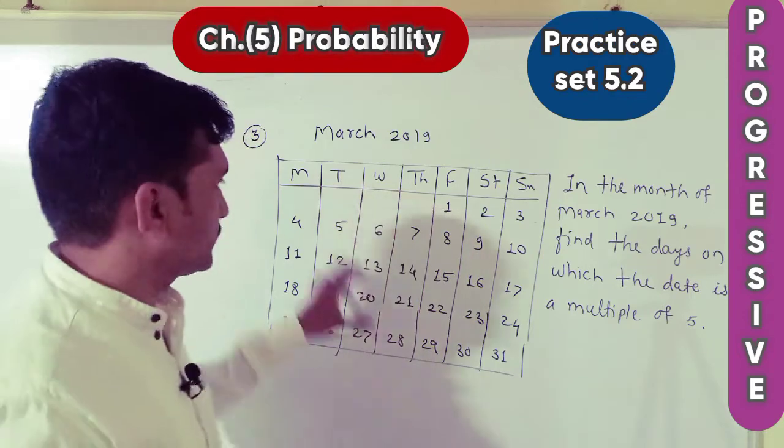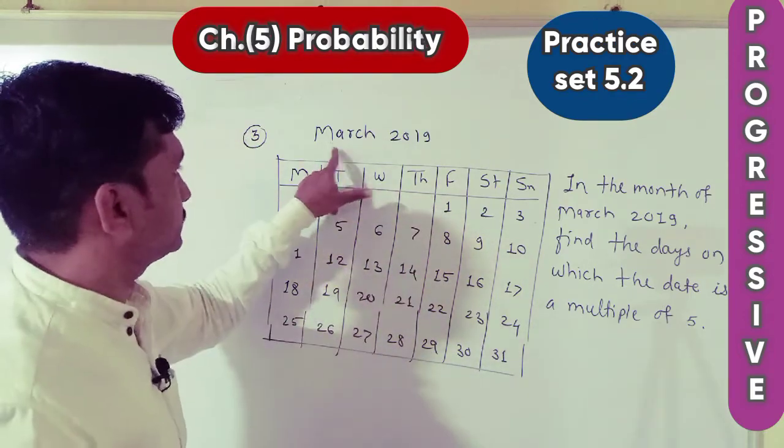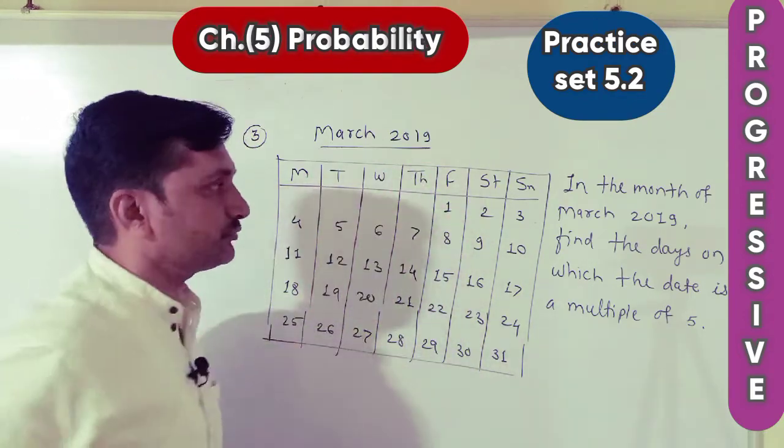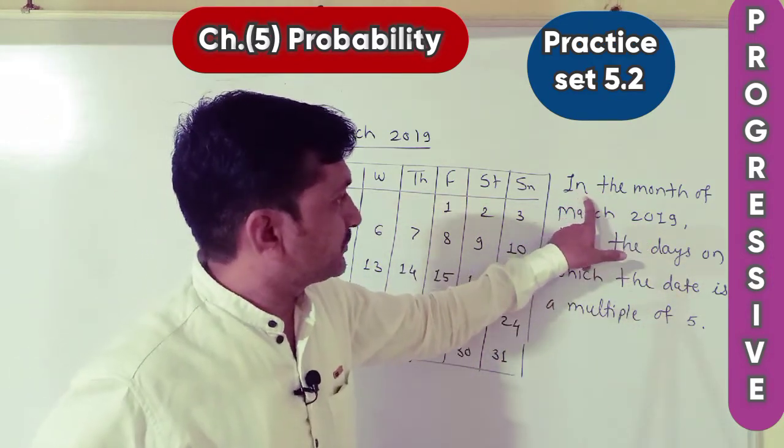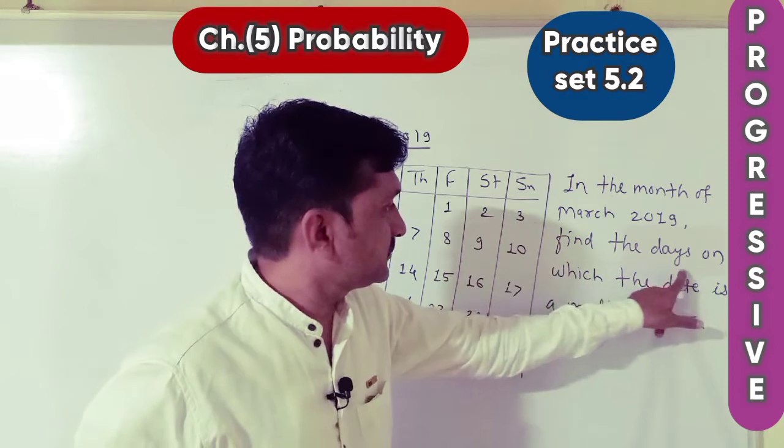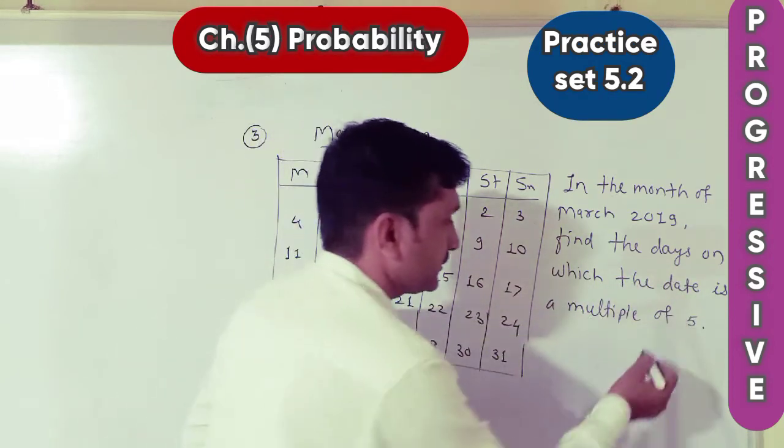Example number 3. Here one page of the calendar of the month March 2019 is given, and we want the sample space of the days on which the date is a multiple of 5.